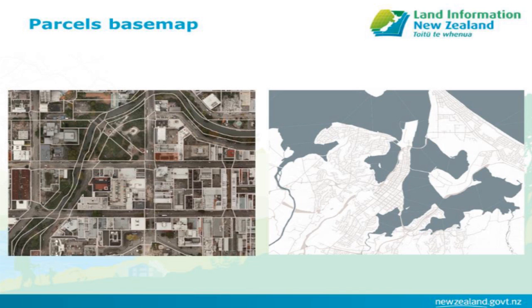And we believe that's going to be a pretty big use case. The other base map, which you can see here on the right-hand side, is a more coloured style version of the Parcels fabric. We'll be colouring things like roads and hydro parcels with a different colour. But the parcel fill obviously won't be transparent, so it won't be useful for overlaying over other information, more as just a cadastral base map for you to put other things over the top of.